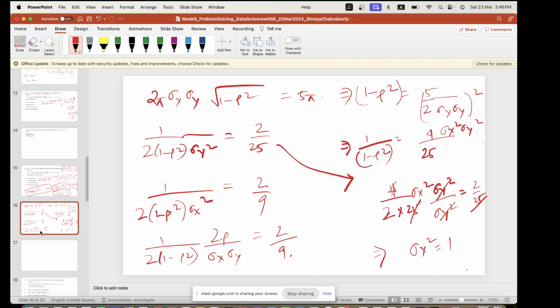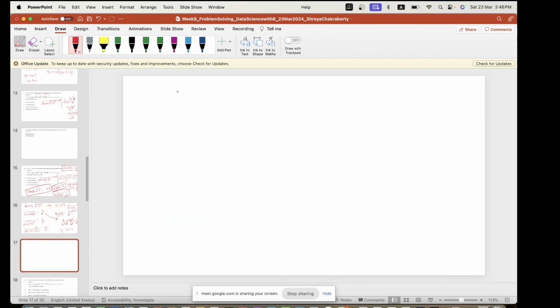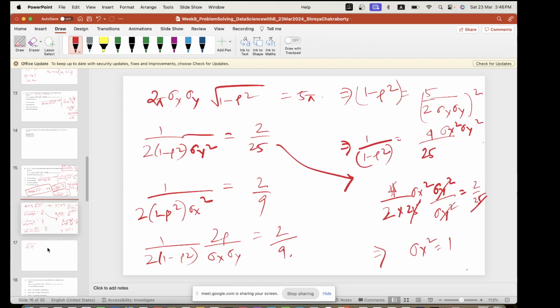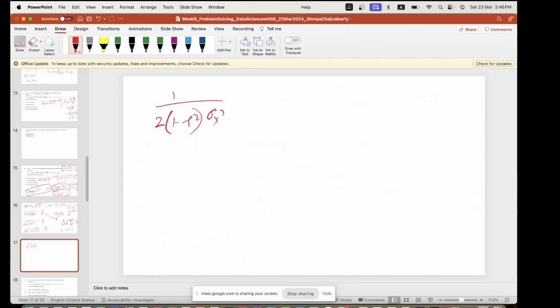Alright, and then again from here we'll solve this one. 1 by 2, 1 minus rho square into sigma x square, this would be 2 by 9, and then we would just substitute. 1 by 1 minus rho square is 4 by 25 sigma x square sigma y square by sigma x square equal to 2 by 9.